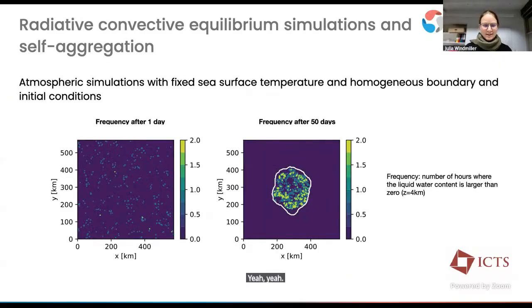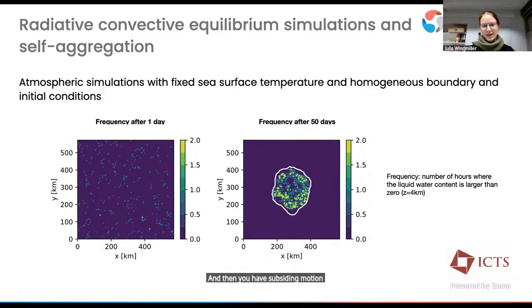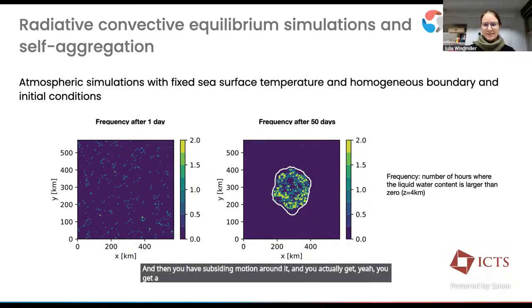Yeah. So you actually develop something that looks a little bit like a point symmetric Hadley cell. If you again look at mean vertical motion profiles, you have ascending motion within this cluster, so you can think of it as within this white line, and then you have subsiding motion around it, and you get a circulation that develops.